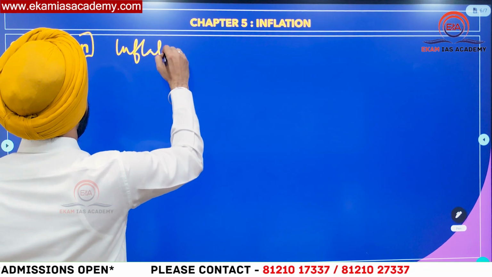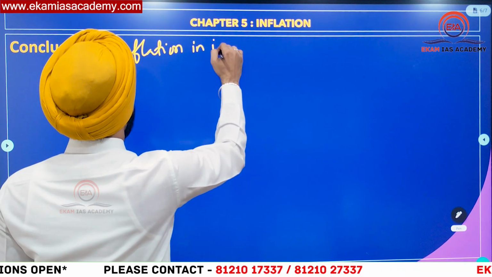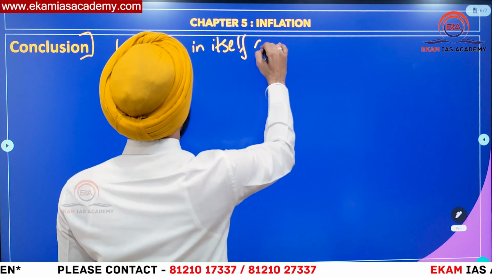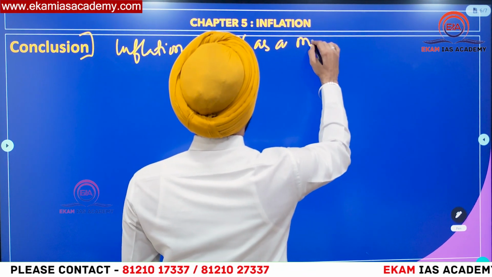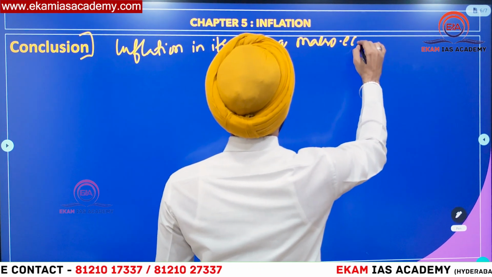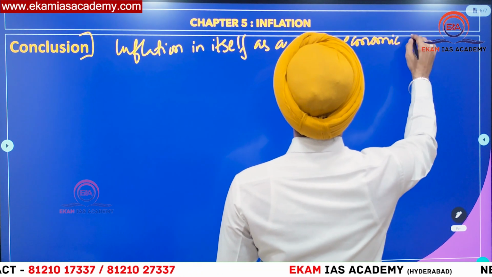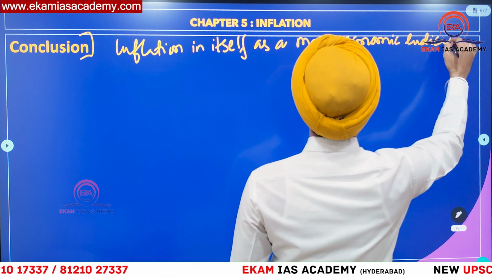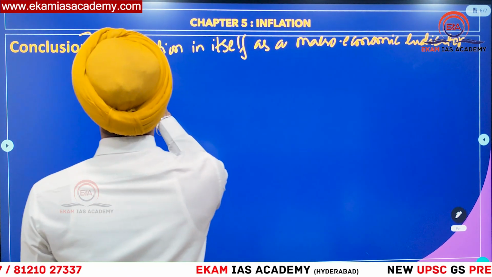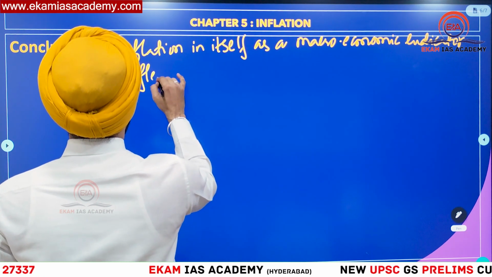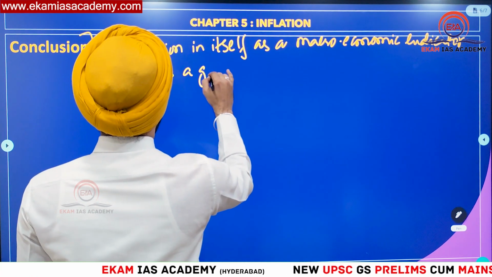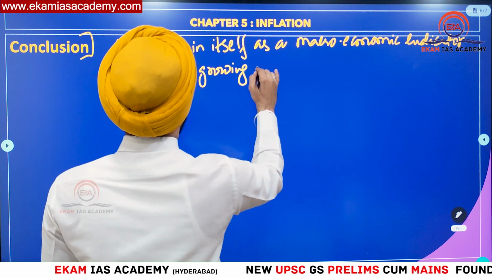Inflation in itself as a macroeconomic indicator reflects a growing economy.